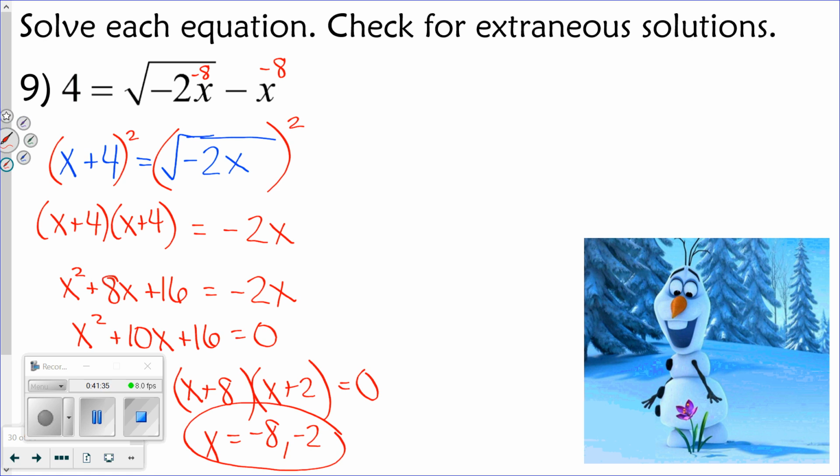Oh, I hear a lot of things. I heard it worked, and I heard, yeah, because -2 times -8 is 16. Square root of 16 is 4, and this becomes a plus, right? So 4 plus 8 is 12, not 4. That one won't work. What about -2?